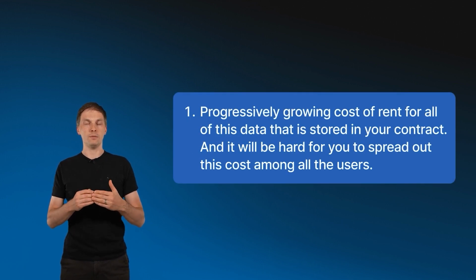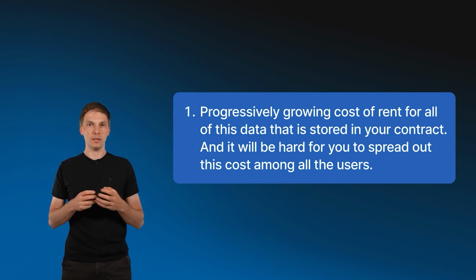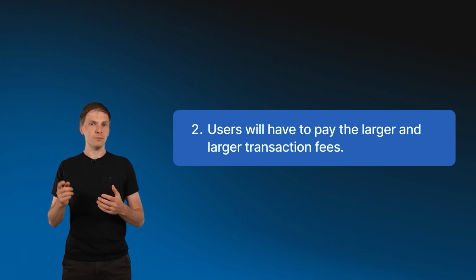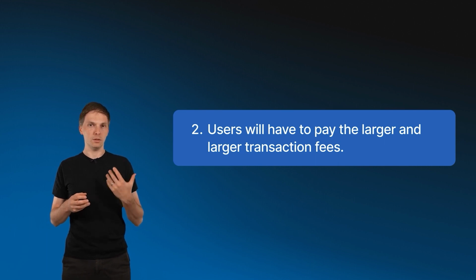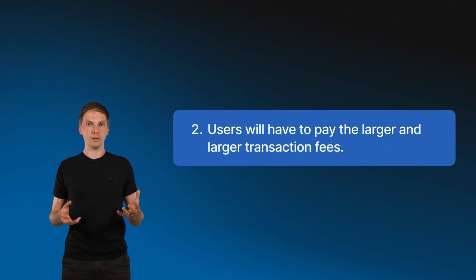First, you will have progressively growing cost of rent for all of this data that you store in your contract, and it will be hard for you to spread out this cost among all the users. And second, every time the user comes along and wants to make an operation with this contract, they will have to pay larger and larger transaction fees because they will be operating on a larger amount of data in the contract.